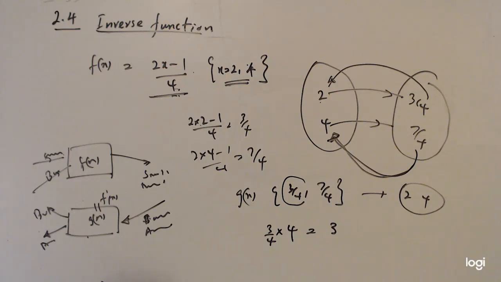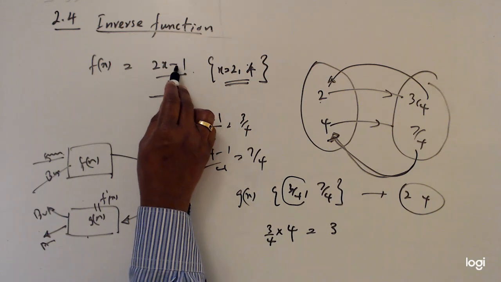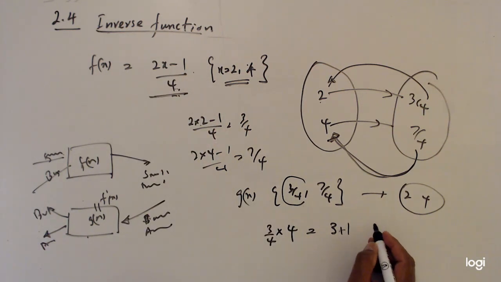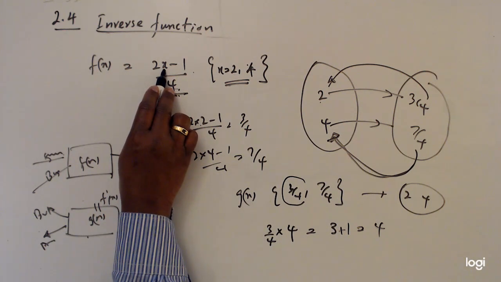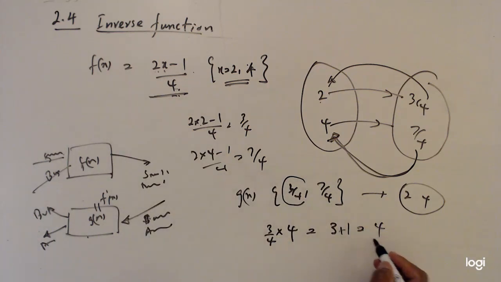Then to this value, I want to add 1, because it was minus, then I will add 1, which gives 4. Then to get x, this was multiplied, so I want to divide by 2, which is 2.